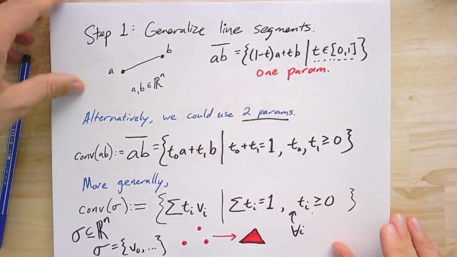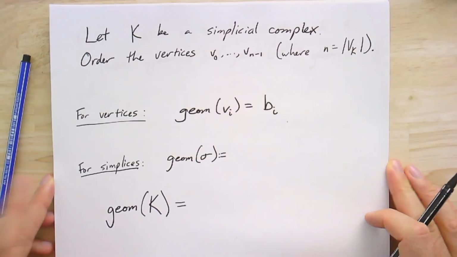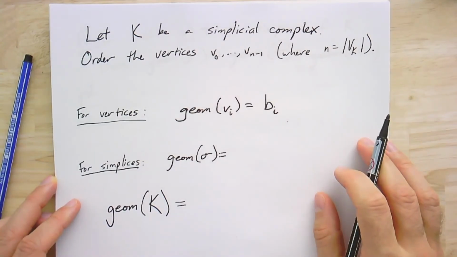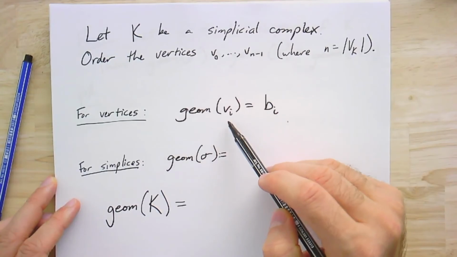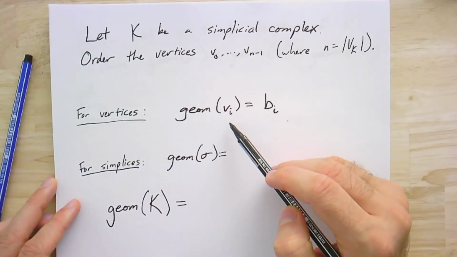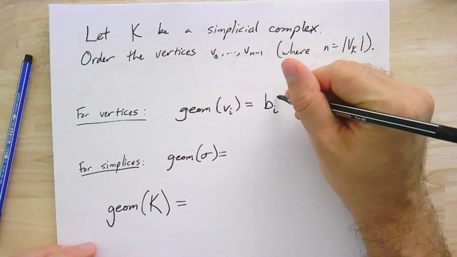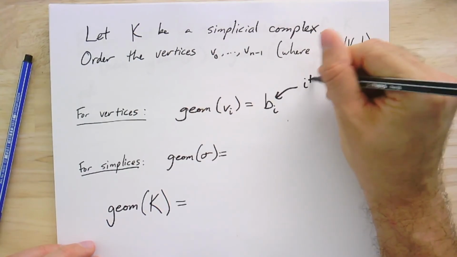is their geometric realization. Okay, so now if we have a full-on simplicial complex K, and let's number our vertices. And for a particular vertex, we're going to do the same thing we did for vertices in graphs. That is, we're going to just embed it as the standard basis vector in Rn.